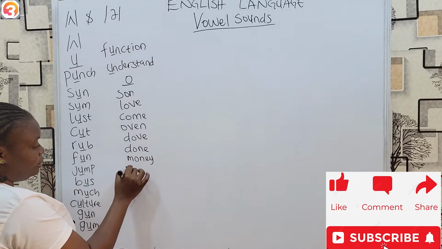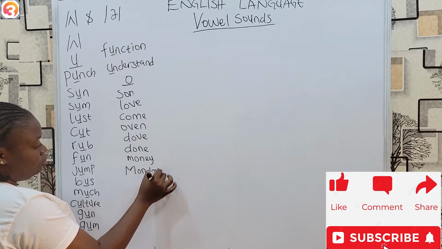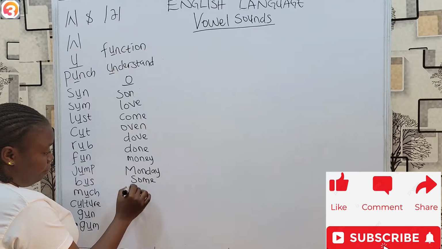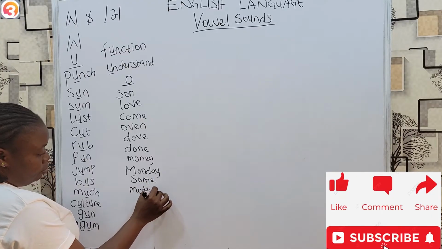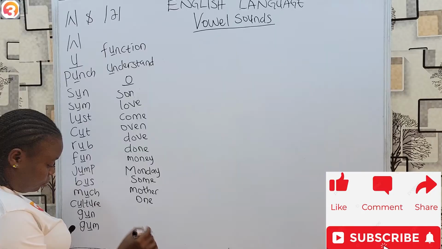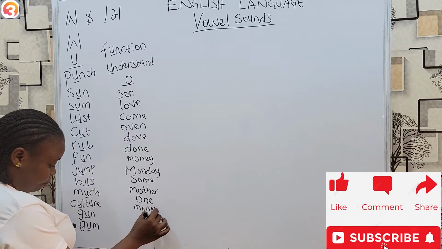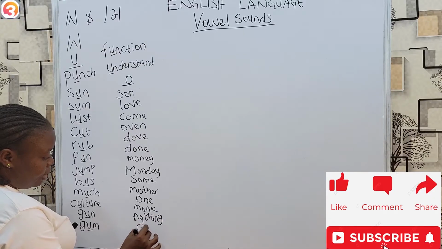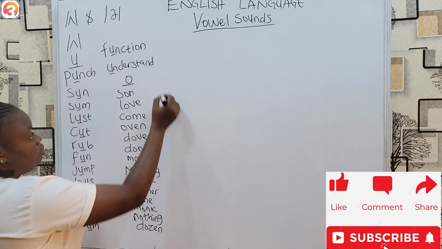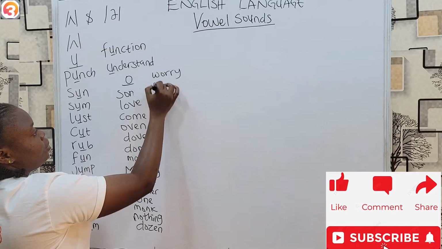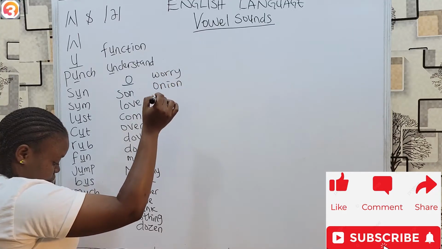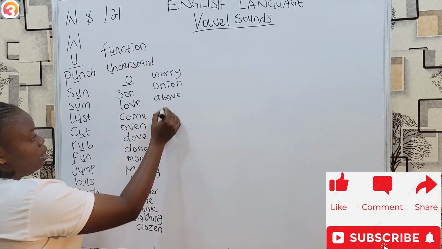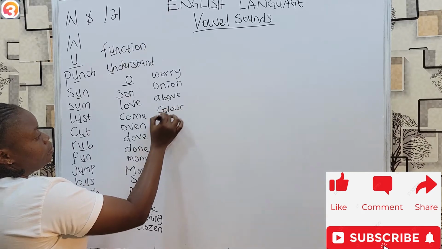We have words like Monday, son, mother, one, monk, nothing. Words like dozen, worry, onion, above, glove, company.